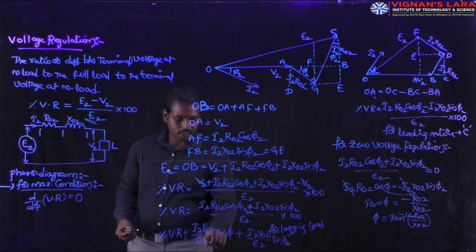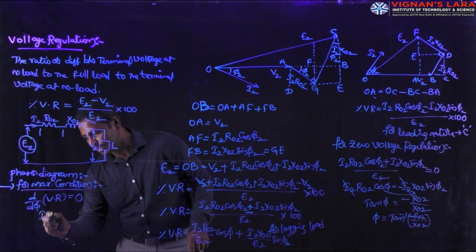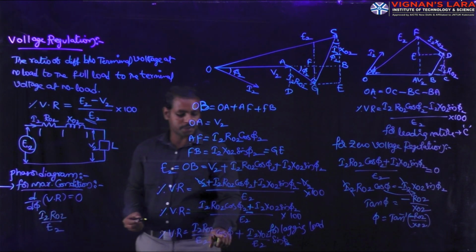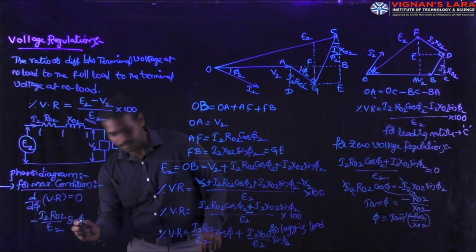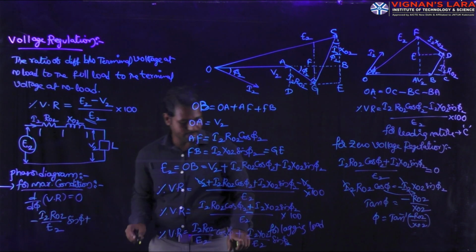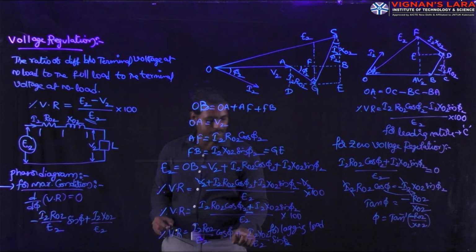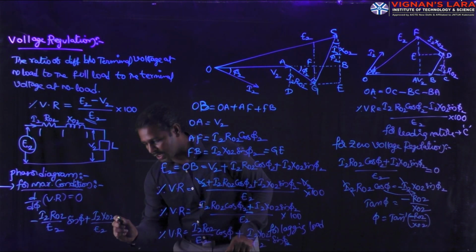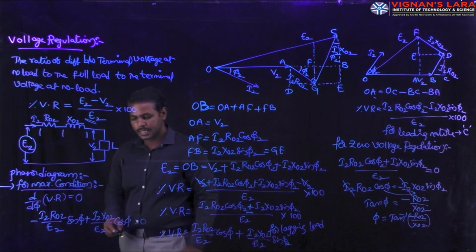So I2 R02 divided by E2 is the constant term. Differentiation of cos phi is equal to minus sin phi, plus I2 into X02 by E2 into differentiation of sin phi, which is cos phi, is equal to 0.